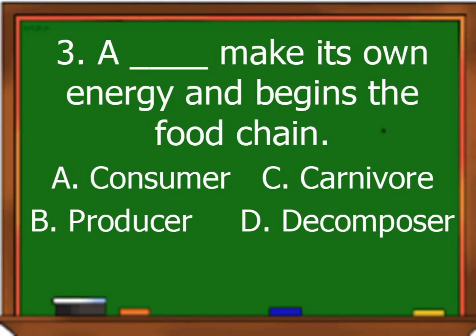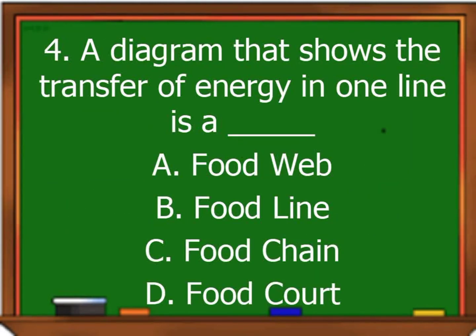Number 3. A blank makes its own energy and begins the food chain. A. Consumer. B. Producer. C. Carnivore. D. Decomposer. Number 4. A diagram that shows the transfer of energy in one line is a blank. A. Food web.